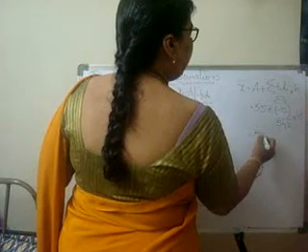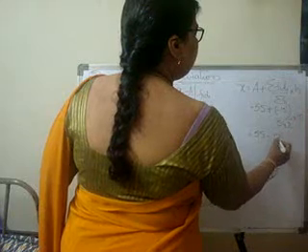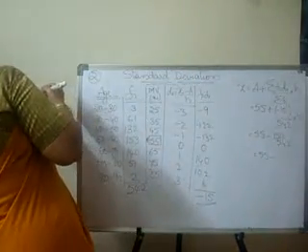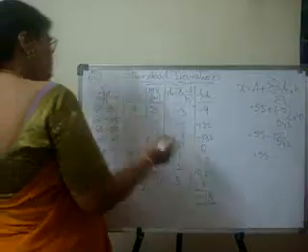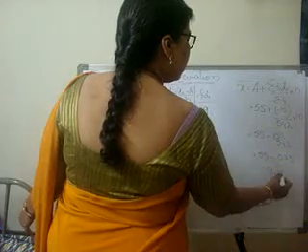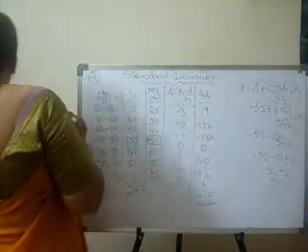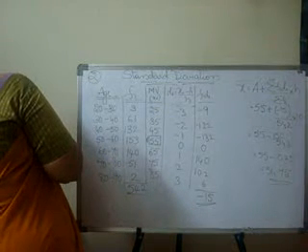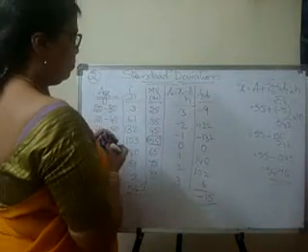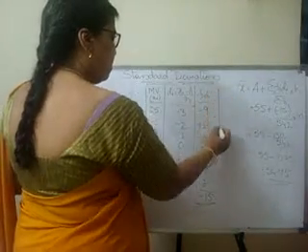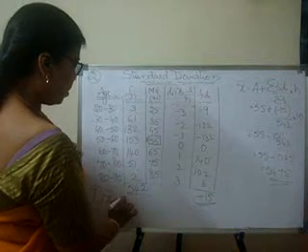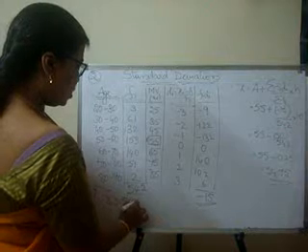So 55 minus 150 divided by 542 would be 55 minus 0.25, so the answer is 54.75. So the mean is equal to 54.75.